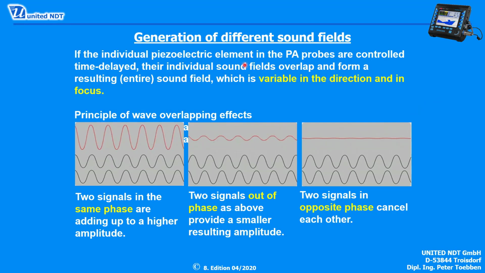So how is it possible to generate all the different angles in the phased array probe? Let's look a bit at these details. Let's take a look at this picture first. In this picture we have only two elements, which are getting a pulse from the pulser at the same time.